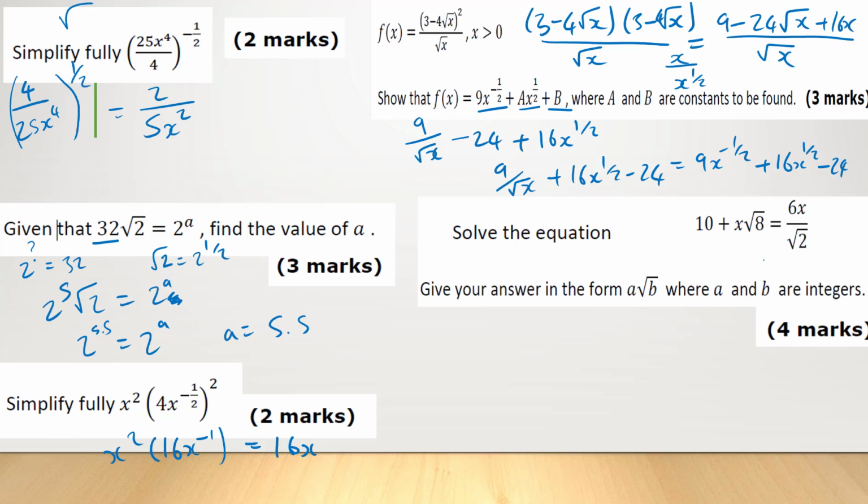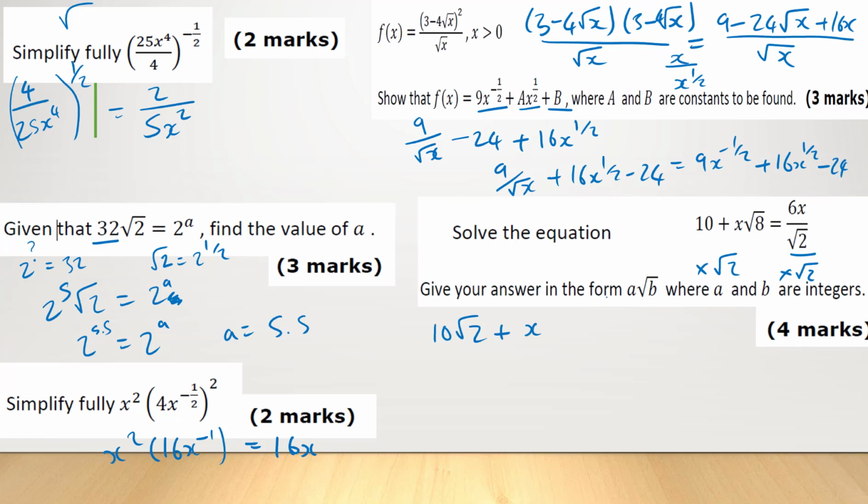We're going to solve this equation. So we don't want to deal with this root 2, so we multiply both sides by root 2. Remember to put that in a bracket because you have to multiply both terms, so we're going to get 10 root 2 plus x.